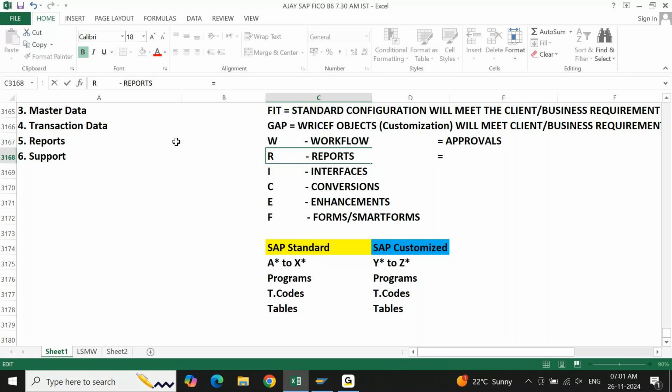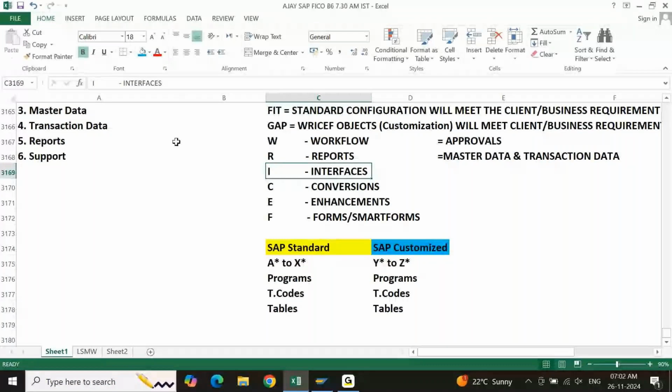In your data flow of SAP FICO, above report, after the configuration, how many points are left? 2 points. What are those 2 points? Master data, transaction data.